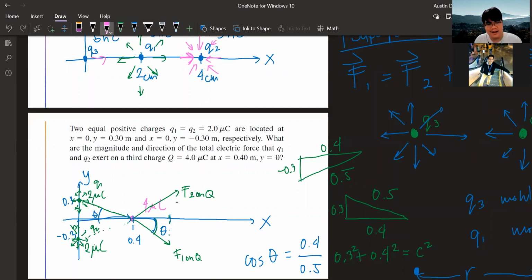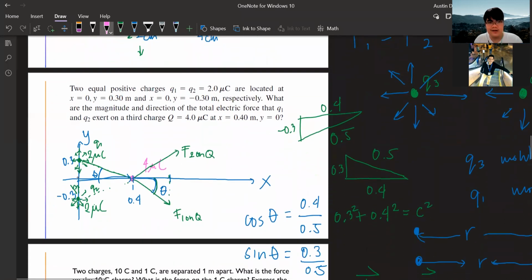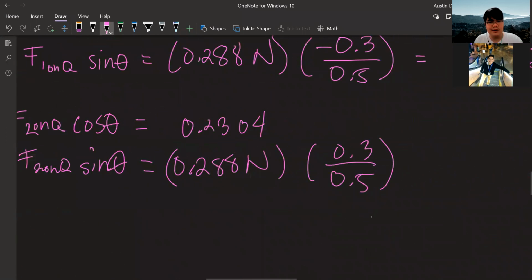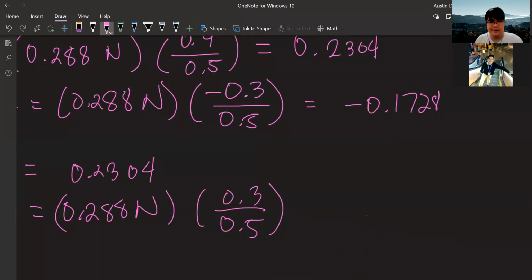Kasi di ba opposite over hypotenuse. So this part, ayun, 0.3 positive yan. Okay. Nice. So this actually positive 0.1728.